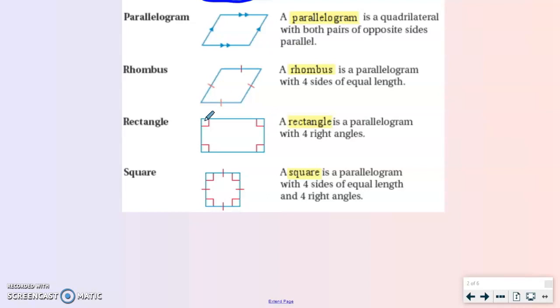So another special way to think about a rectangle is that it has perpendicular lines. So we remember that lesson, right? The parallel lines never intersect, and then the perpendicular lines intersect at 90-degree angles. So the different combinations of lines and angles give us different shapes.